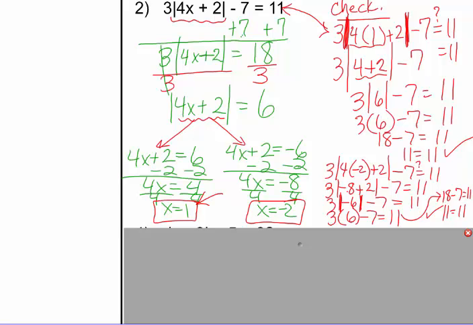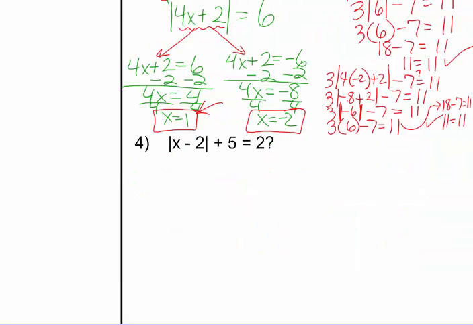One more real quick. So just as in the previous one, we want to isolate the absolute value first. So we're going to minus the 5 on both sides, get the absolute value, x minus 2 by itself equals 2 minus 5 is negative 3. And hopefully right now something jumps out at you.